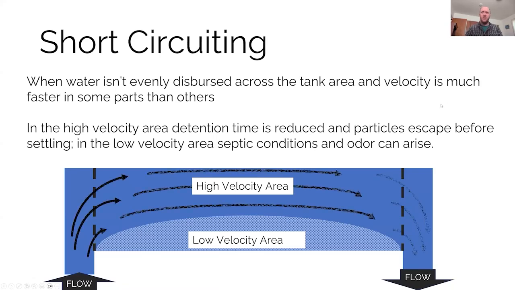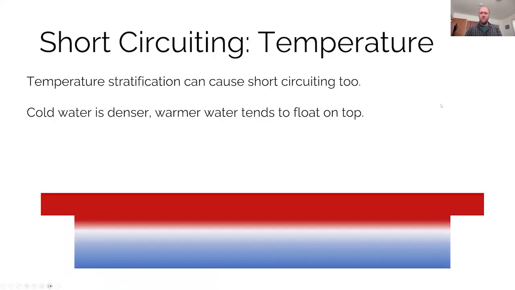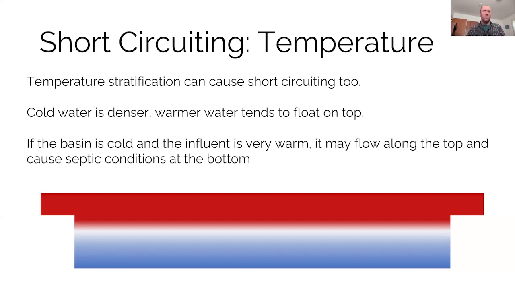This can happen in a few different scenarios, and temperature can actually have an impact on this. In this example, we have a colder basin and warmer water coming in. Because colder water is more dense, we have our warm water coming in at the top, and it just flows across the top and then just exits.